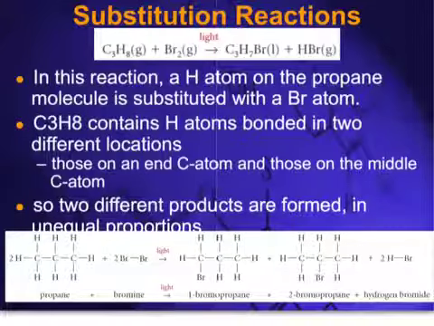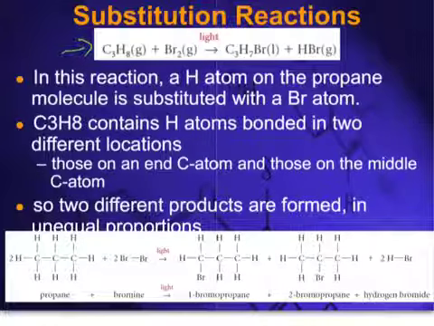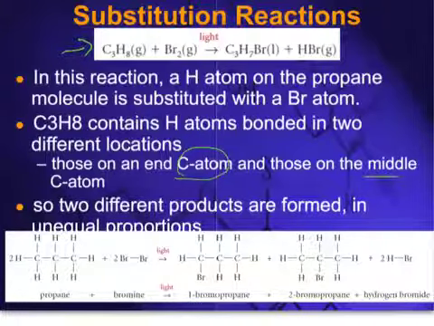Here we have the reaction of propane C3H8 with bromine in the presence of light. There are 8 hydrogen atoms that are available to react with bromine. These 8 hydrogen atoms are located at 2 different carbon positions. There are 2 carbons at the end of the molecule and 1 in the middle.